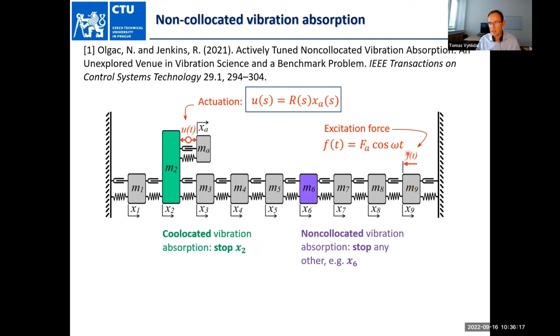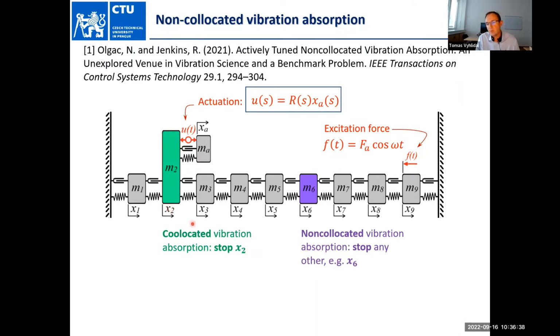We are exciting the whole system here from the right by a periodic force, and if you use classical collocated vibration suppression, the task would be to suppress vibrations of this mass m2, the position x2.